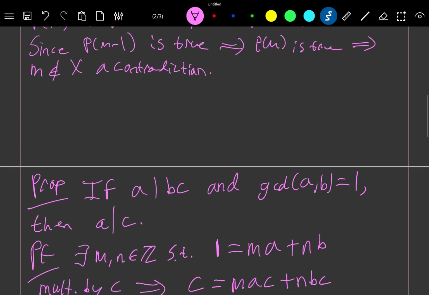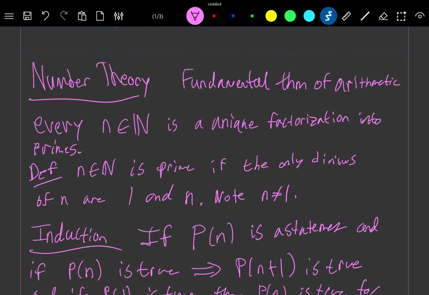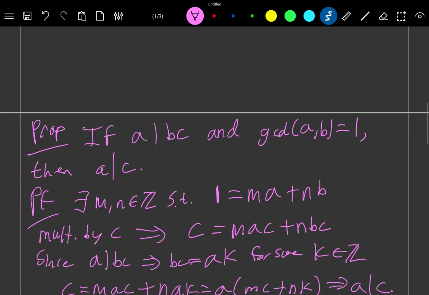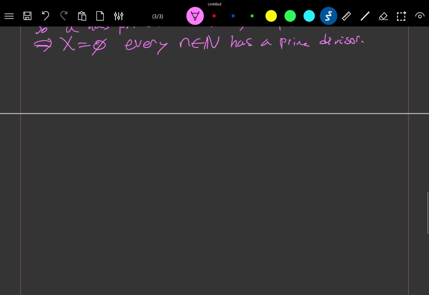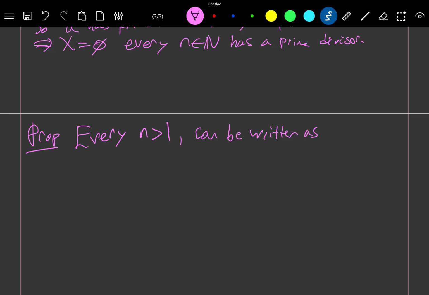So if we look at the statement of the fundamental theorem of arithmetic, we have that there's a unique factorization into primes. So there are two more things we need to prove to get this. The first is every integer or natural number greater than 1 can be written as a product of primes.